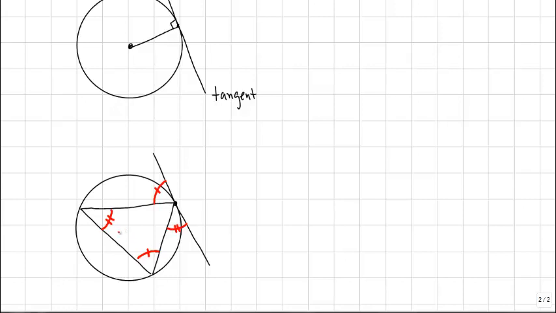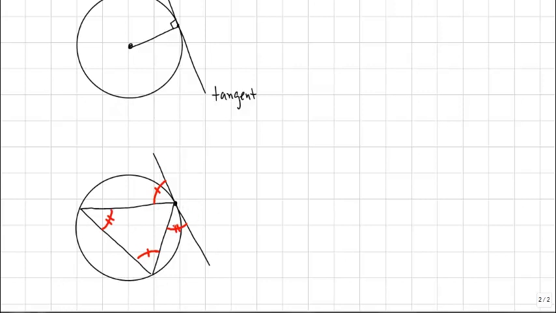And we know that the 3 interior angles in the triangle add up to 180 degrees. So I've got the angle marked with a single dash, the angle marked with a double dash, and the unmarked angle. They add up to 180 degrees. Well, looking along the tangent line, I have a straight angle, which also adds up to 180 degrees. And you can see the same 2 marked angles and the same unmarked angle. And so we have this nice symmetry.